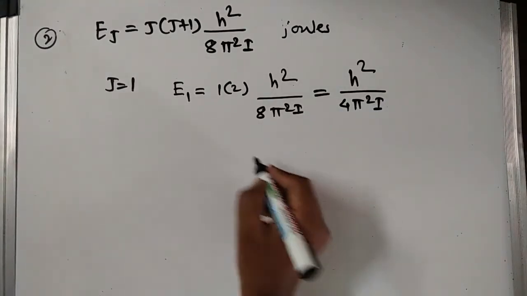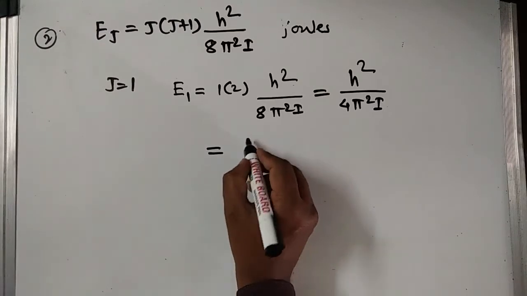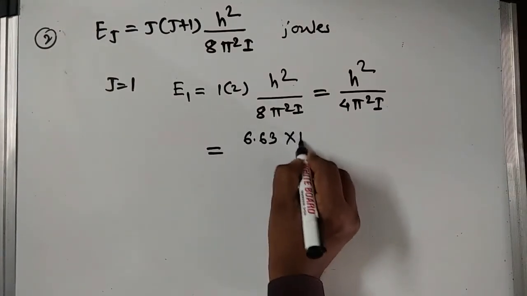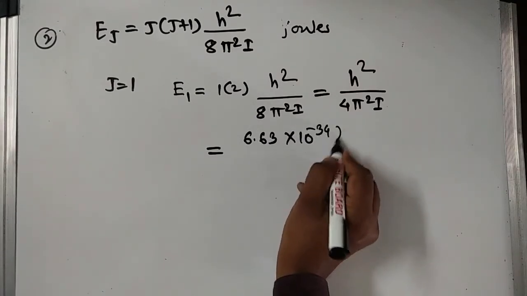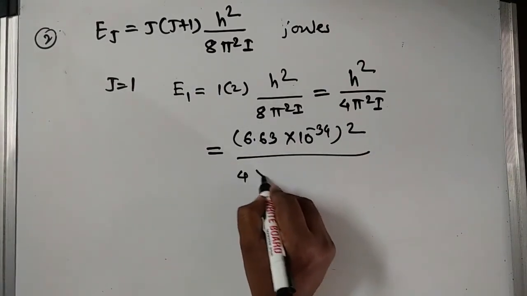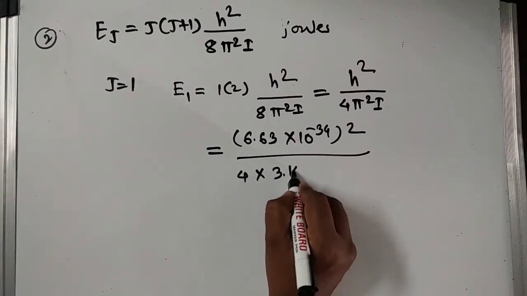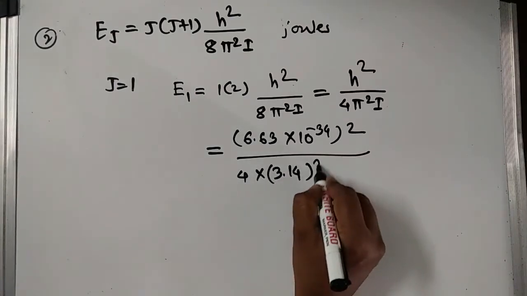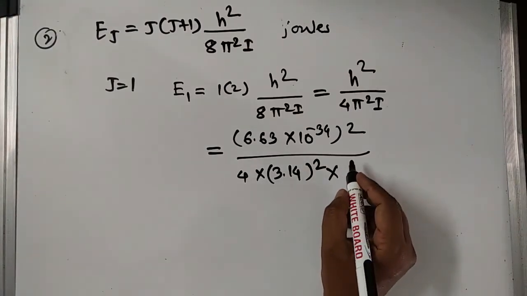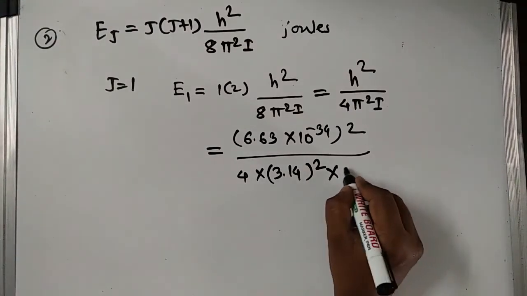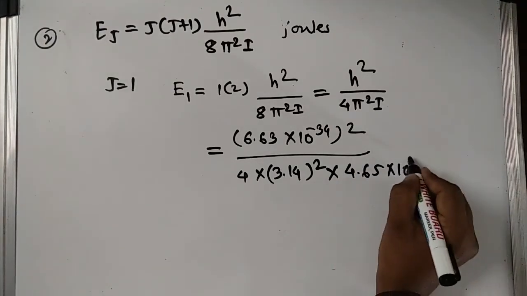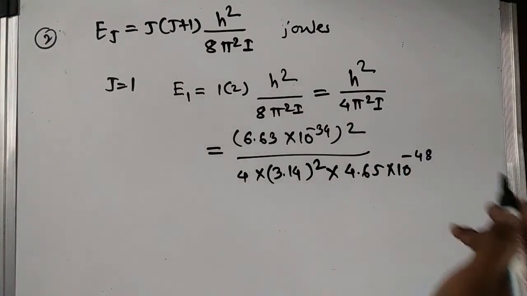Now if we put the values, h is 6.63 into 10 raised to minus 34 bracket square divided by 4 into 3.14 into 3.14, so 3.14 square into I. The value of I we have calculated, it is 4.65 into 10 raised to minus 48.